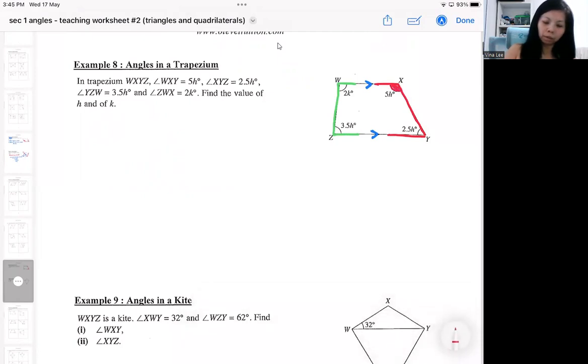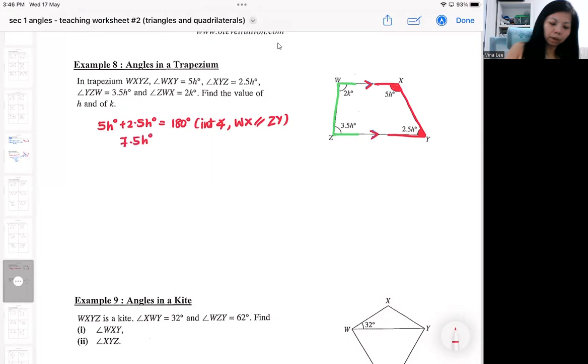These two add up to 180 degrees, so 5H and 2.5H add up to 180 degrees because of interior angles from these two parallel lines, WX parallel to ZY.